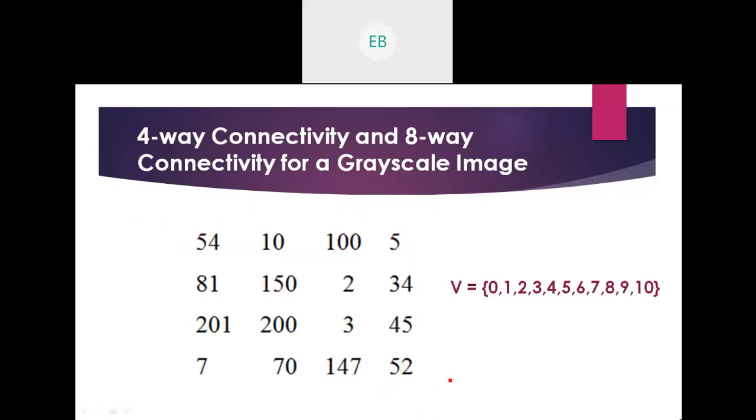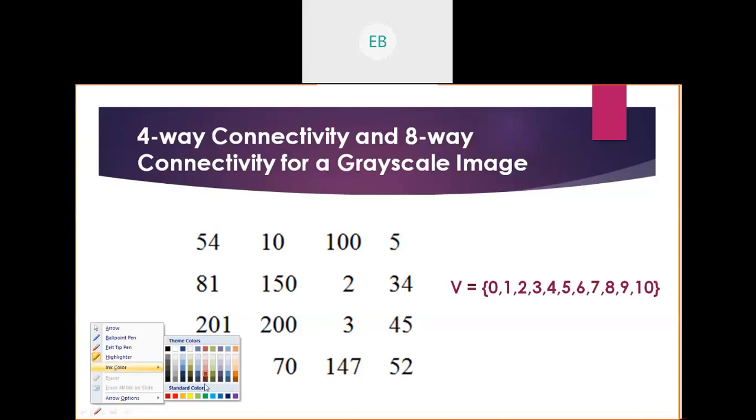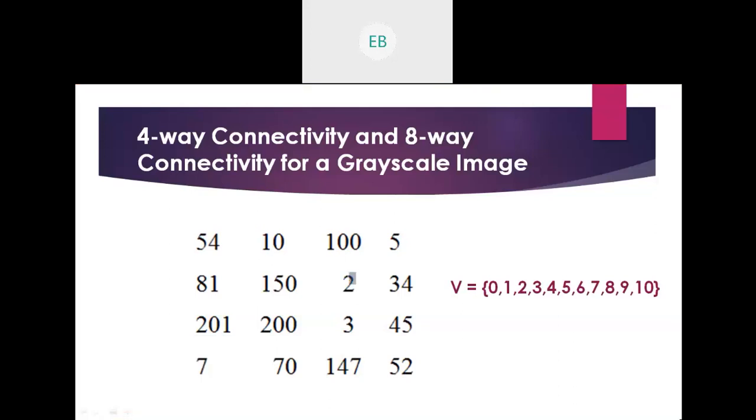Now let's take a pixel over here, say I take this as 2. I'm taking this as my reference pixel.